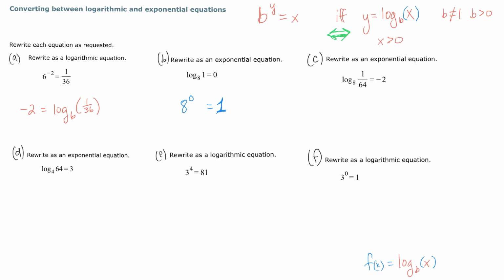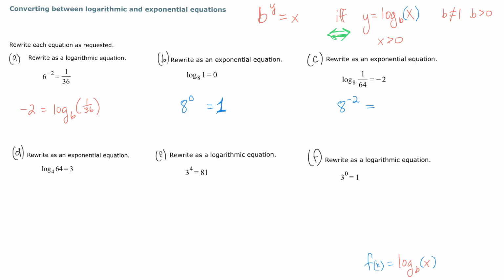Next one, you're given a logarithmic equation, and you want to get this into an exponential equation. This time we'll start with the base. The base is 8 again, raised to the -2 power, or the opposite of 2.